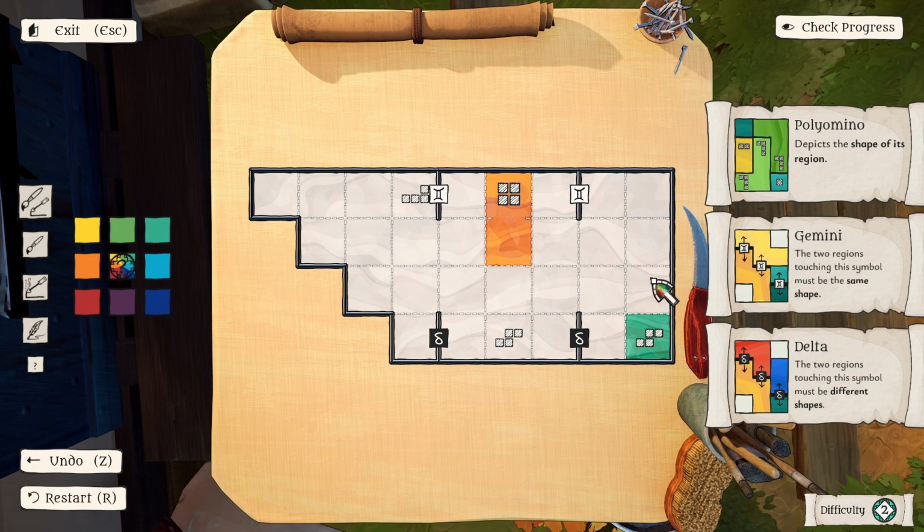It's going to come to here, there, there. Or here, there, there. I know that it takes that, but I don't know what else it does.